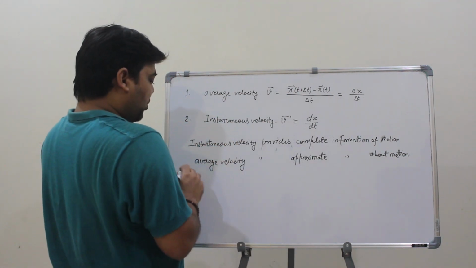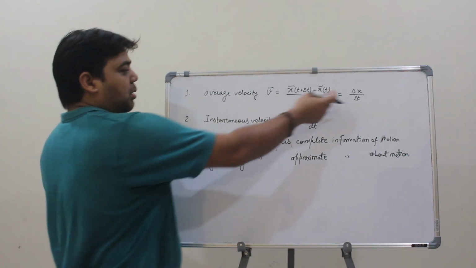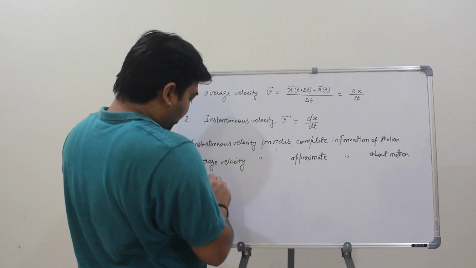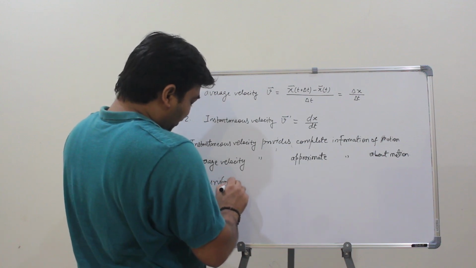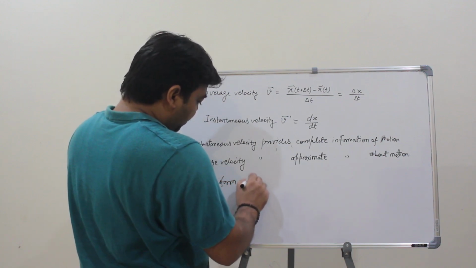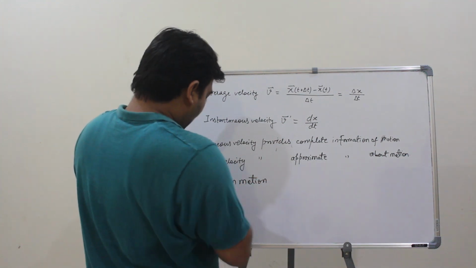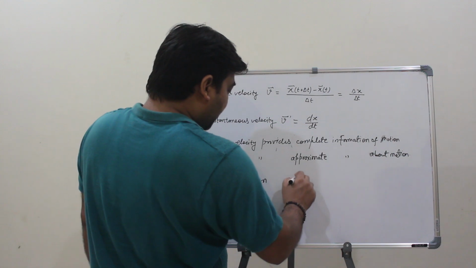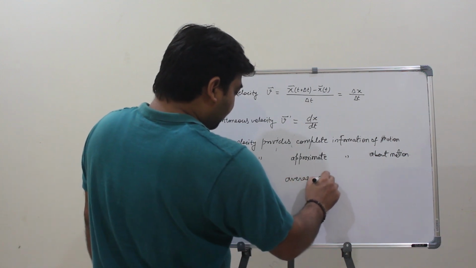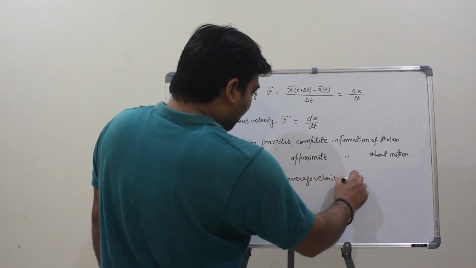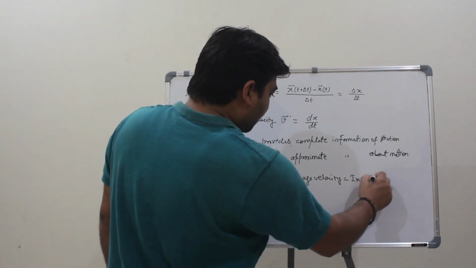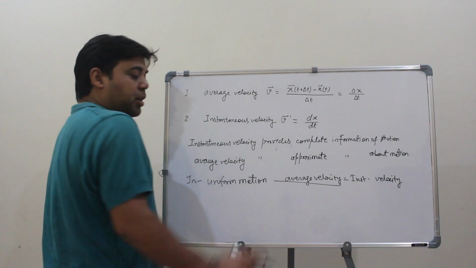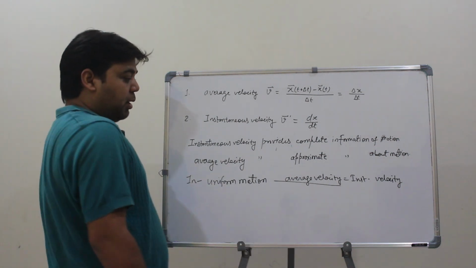Now there is one case in which the average velocity will be the same as the instantaneous velocity, that is uniform motion. In that case only will the average velocity provide correct information about the motion, right?